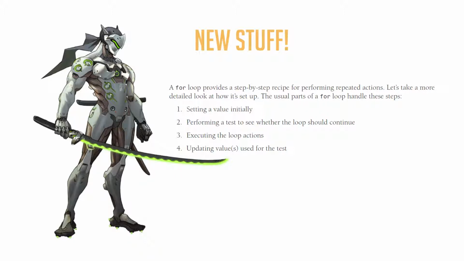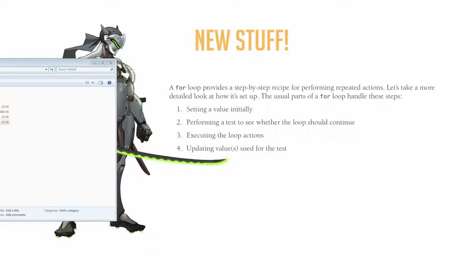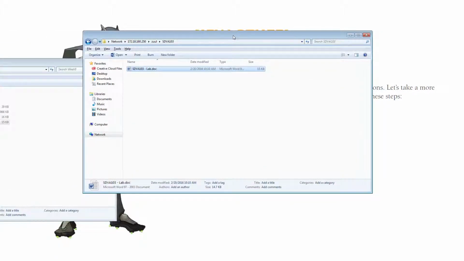I'm going to put it in the SDVA 103 folder. And let's just do number 1. So there's a lab in the Zool folder. Please just do number 1. And if you feel like you want to, you can try number 2 as well. But do number 1, and then you guys can go on break.